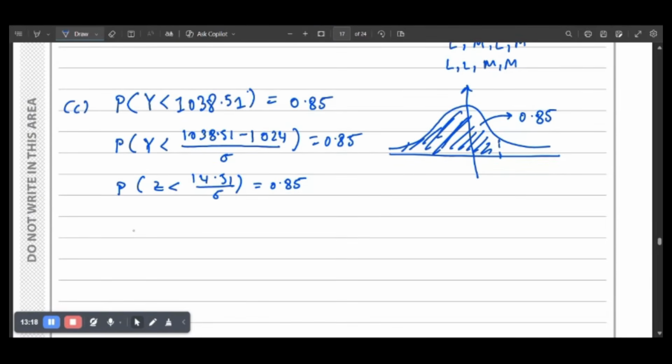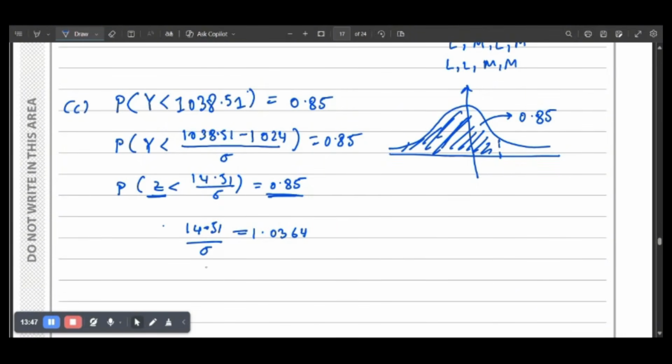From our data table, we know that the z value for which the probability is 0.85 is 1.0364. We can equate our value with it.